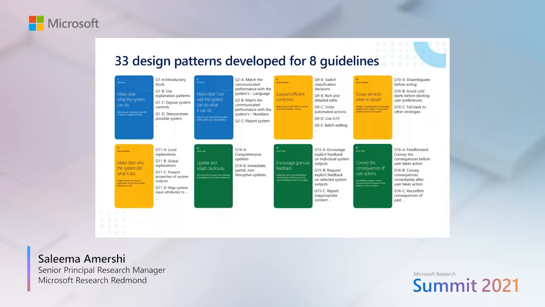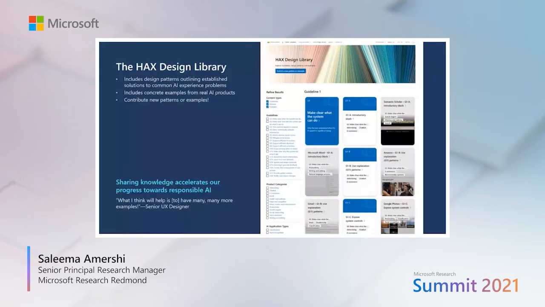So we currently have about 33 design patterns for 8 of the guidelines that you see here, and we're continuing to develop more. And all of these patterns, along with examples from real AI products, are available in the HAX toolkit in our HAX design library.